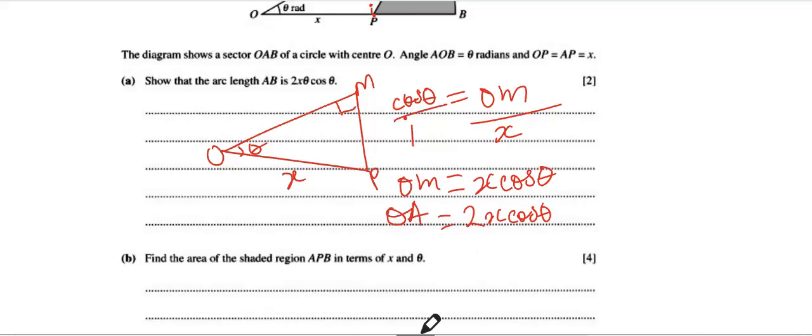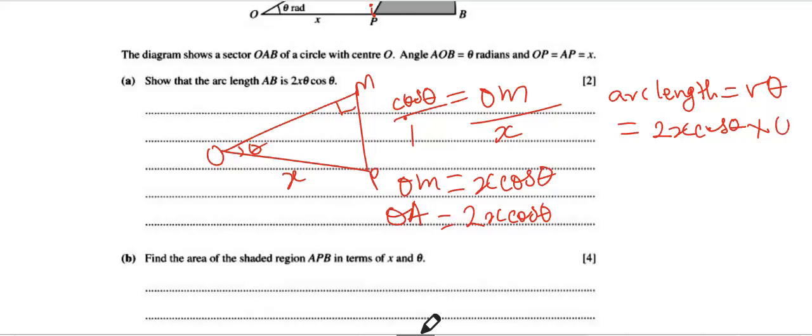So our arc length, we know that arc length is given by r theta. So if arc length is given by r theta, with r equal to 2x cos theta, multiply this by theta, right?